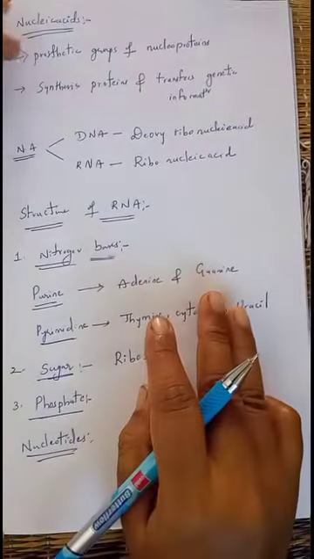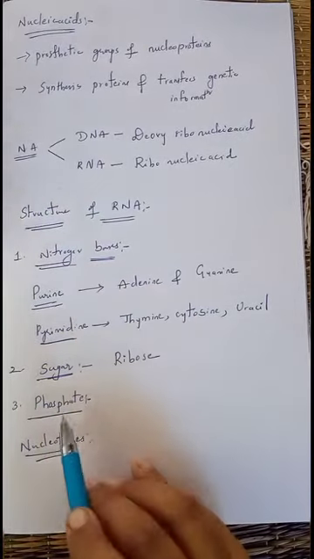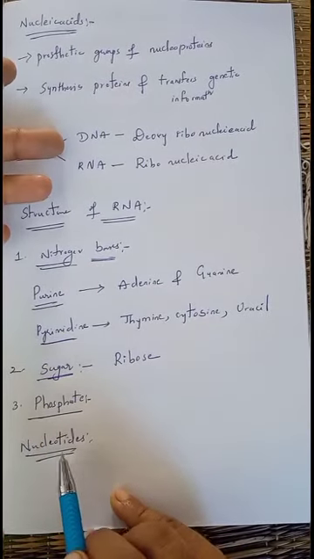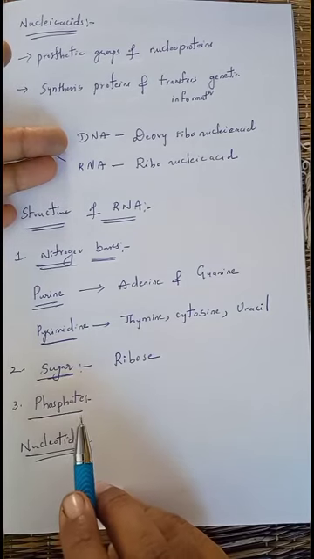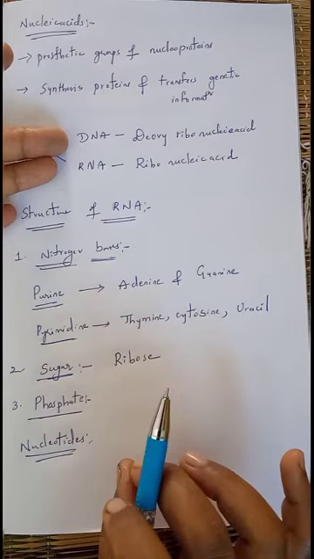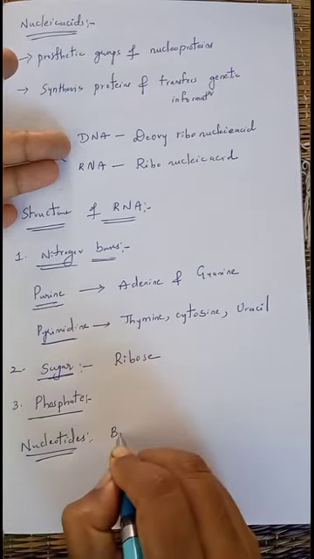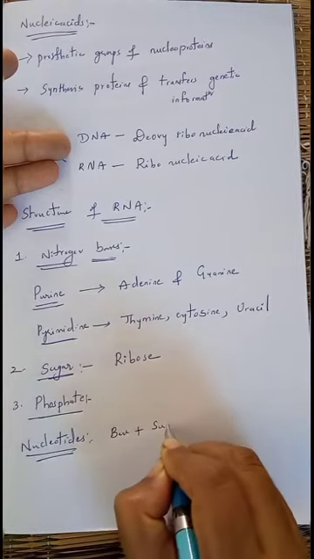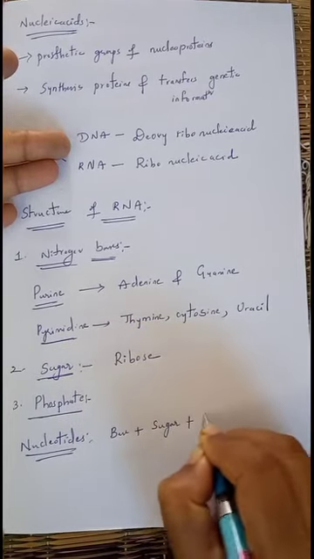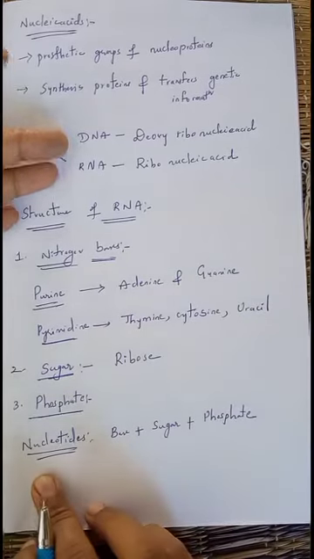So the three important constituents present in RNA are nitrogen bases, sugars and phosphates. First we want to know what are nucleotides. They are compounds of base, sugar and phosphate unit. Base, sugar and phosphate unit are called nucleotides.